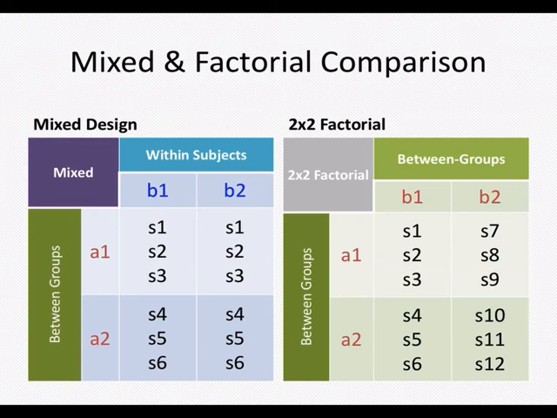So these are the same people, and these are the same people. In this design, there's only a total of 6 different people, but there are 12 data points. And here there are 12 data points measured with 12 different subjects. Does that make sense? Okay.